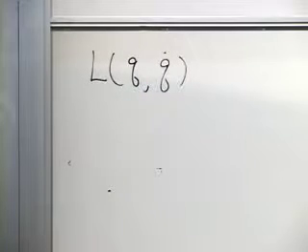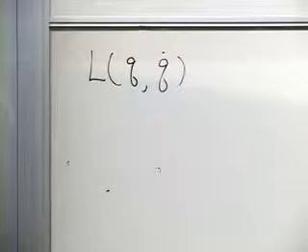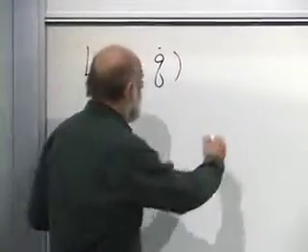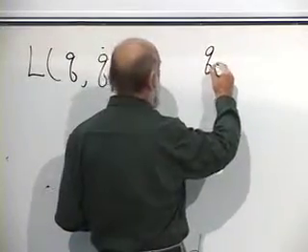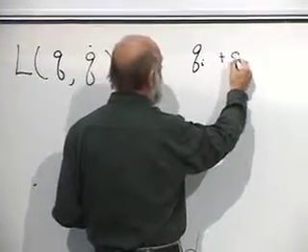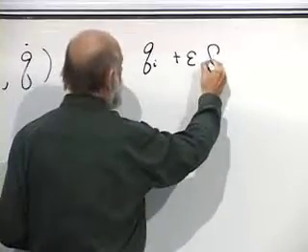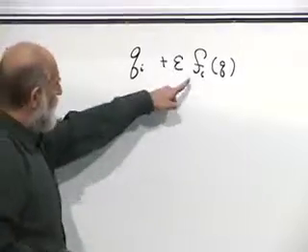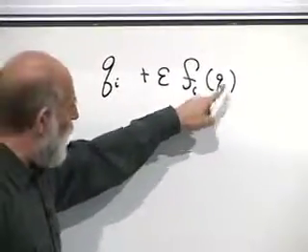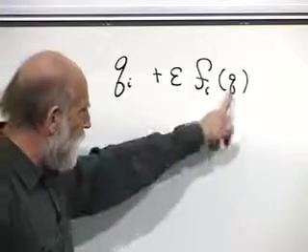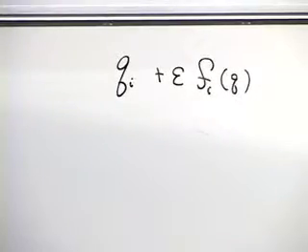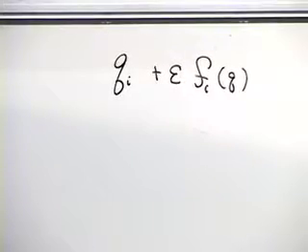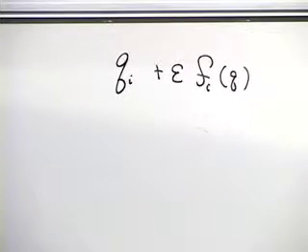Now, supposing the Lagrangian is unchanged if you make certain transformations on q, and in particular, if you take each q sub I and add to it a small change which has the form epsilon f sub I of all the q's. This means some ith function of all the q's, including q sub I, q1 through qn. Supposing if I make such a change, the Lagrangian just doesn't change, that's called a symmetry.